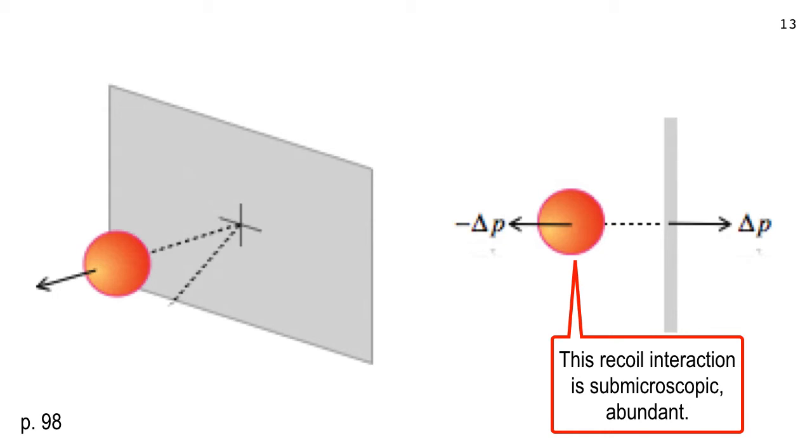So the pressure that you feel, or the pressure that exists inside of a container like a balloon, a balloon is a very simple container of high pressure air. You blow into it, it expands, and it's all caused because of these minuscule, submicroscopic, and tremendously abundant recoil interactions.